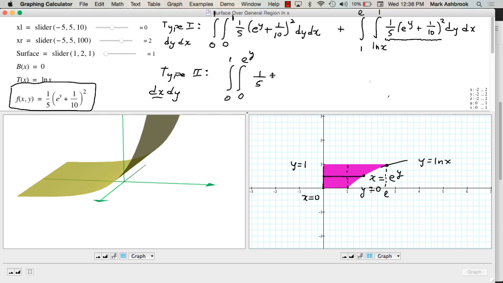I didn't draw it over here. Is that consistent? Kind of? Okay, so that's what that looks like over here.